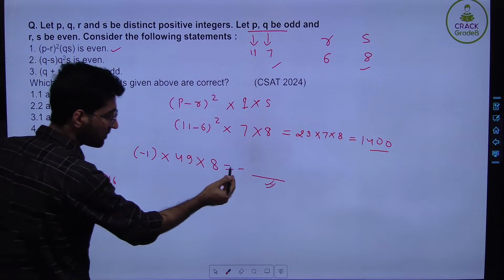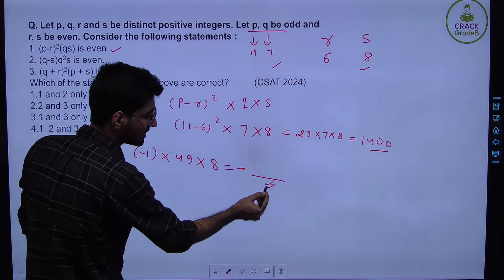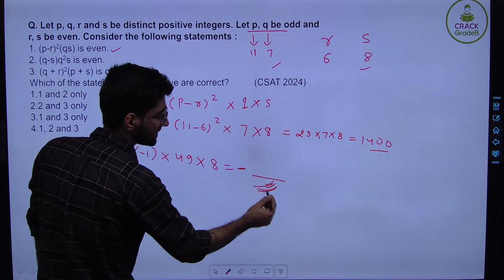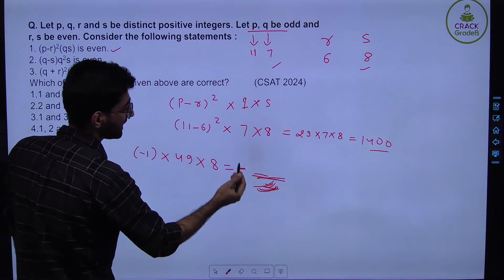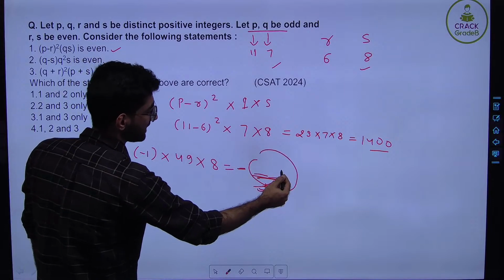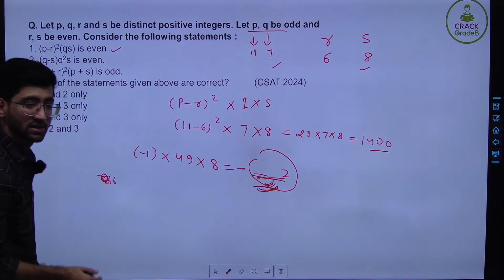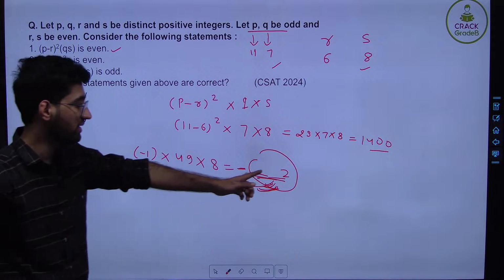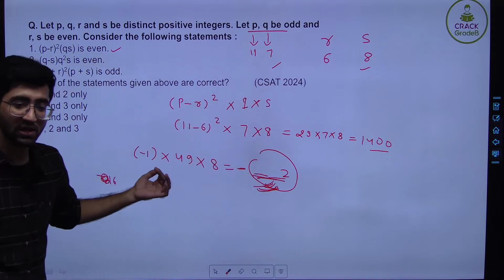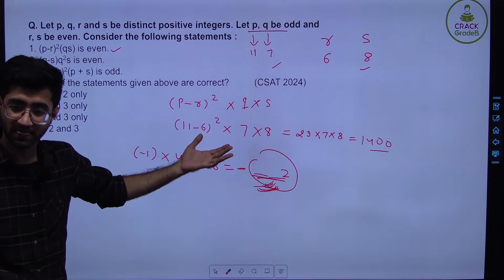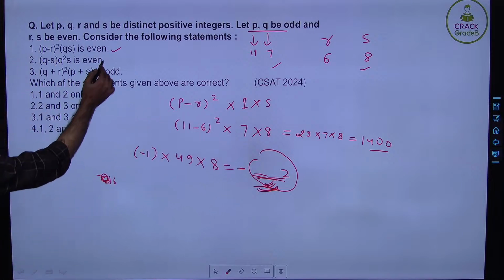Even if you get negative values, that value is still even. 49 into 8, you will find that 2 will come at the unit place, since 9 into 8 is 72. If you have taken simpler values, you will not have to deal with these lengthier values. So this is also correct.